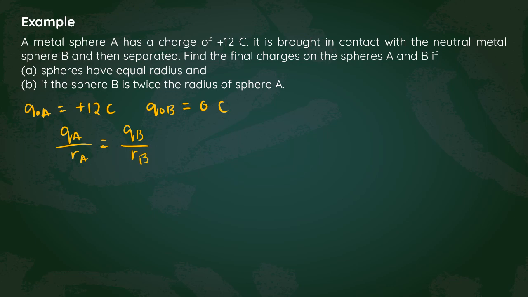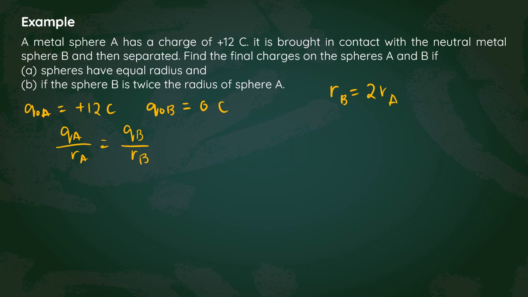Now we cannot establish that RA is equal to RB because, as stated, sphere B is twice the radius of sphere A, and we can express that in an equation where RB is equal to 2RA.